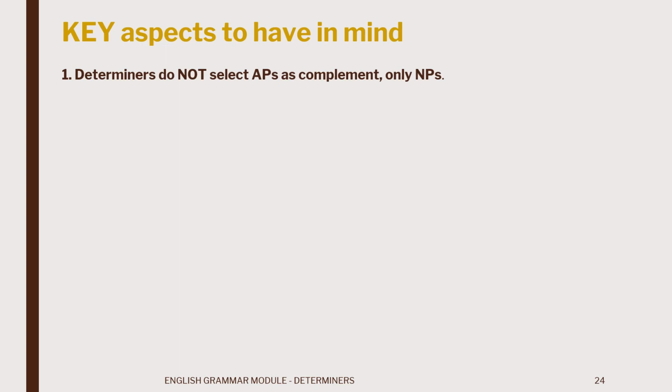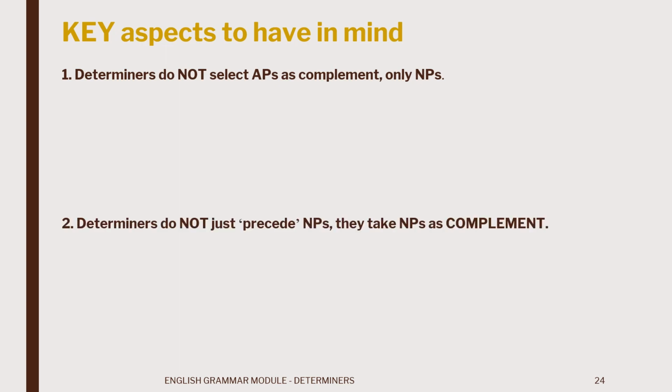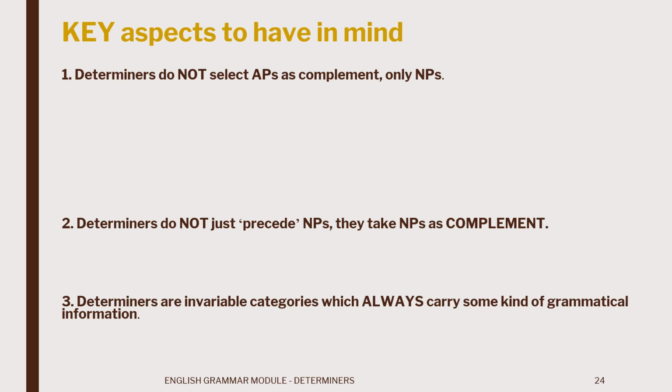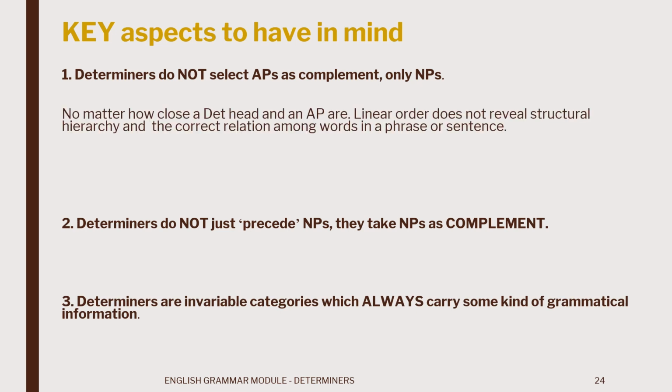The first one is that determiners do not select adjectival phrases as complement, only noun phrases. The second one is that determiners do not just precede NPs, they take NPs as complement. And the third one is that determiners are invariable categories, which always carry some kind of grammatical information.